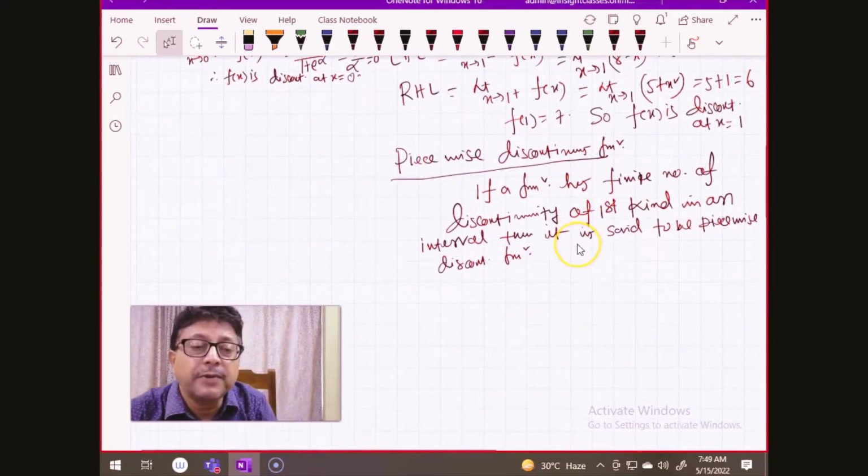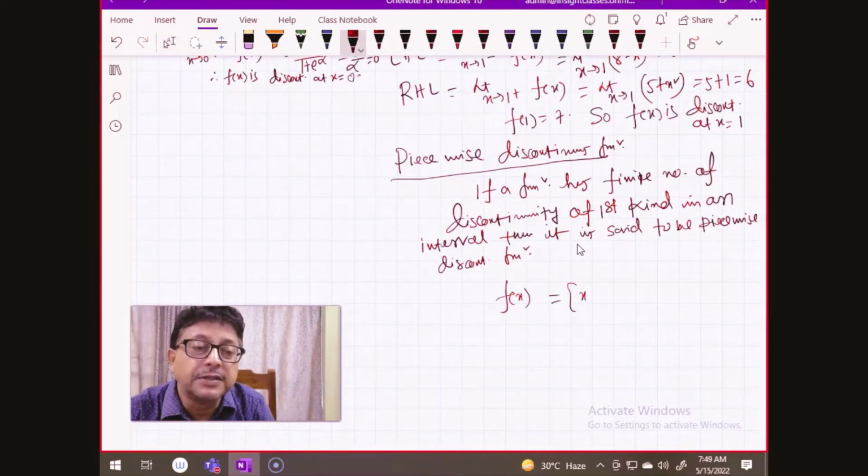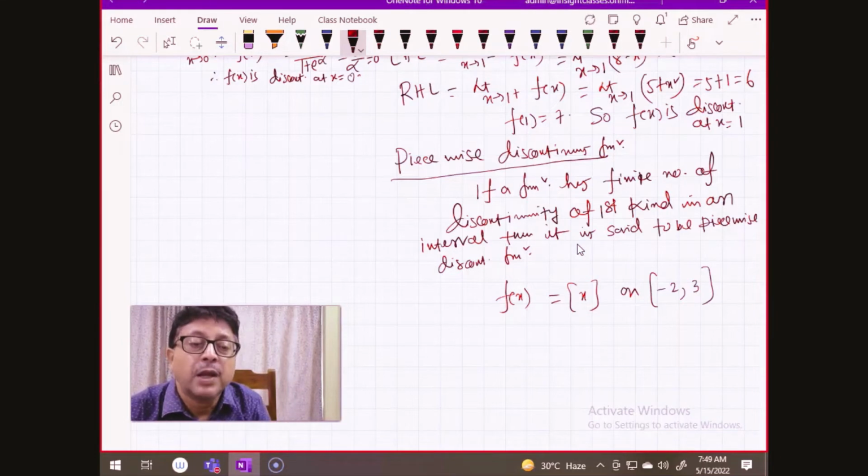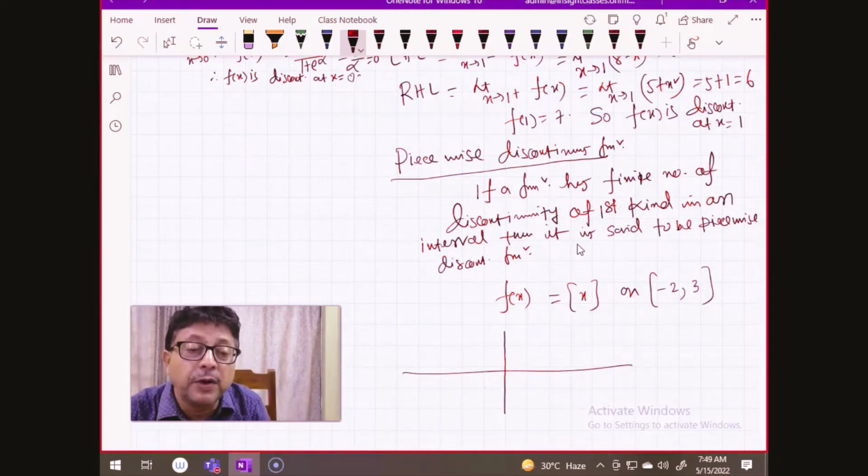The best example I can take here is f(x) equal to the greatest integer function on -2 to 3, in this interval. I can finish it quickly by plotting the graph. In -2 to 3, the graph will be like this.